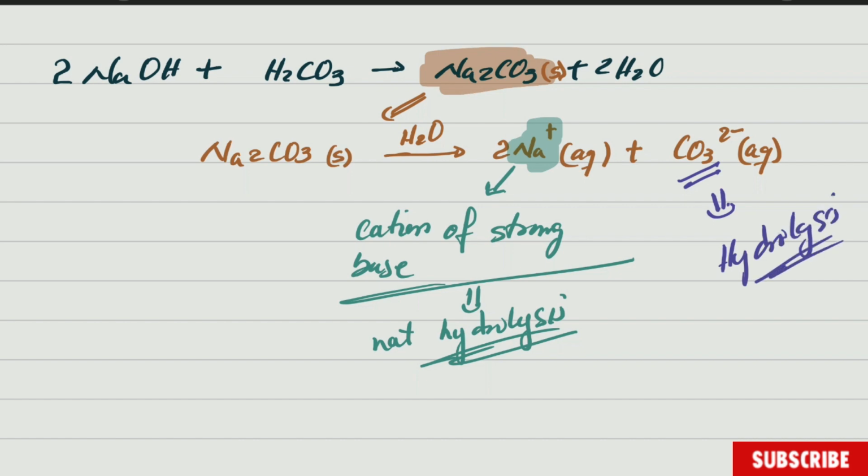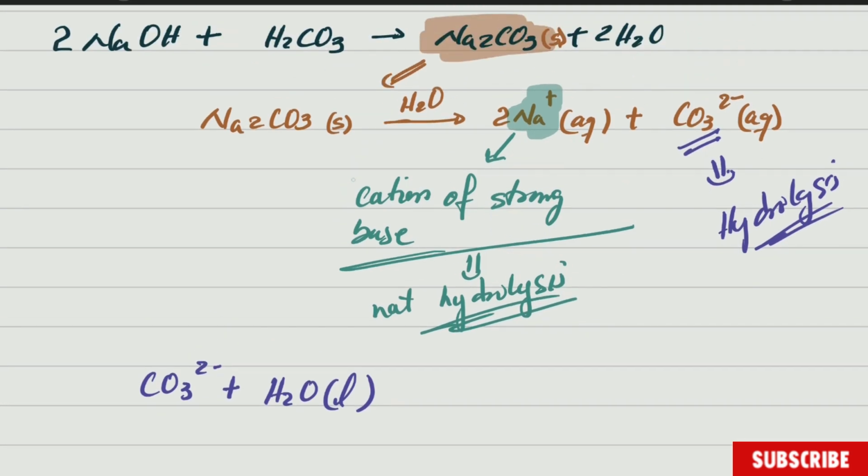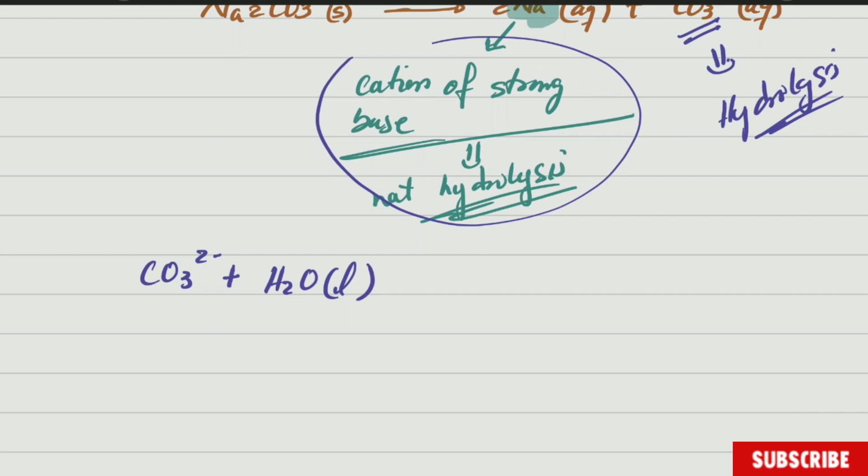Okay, so now the CO3 2 minus, this one here, reacts with water because it does go through hydrolysis. Now remember, why is this one not going through hydrolysis? Because it is a cation of a strong base, and that is the first note I made right here. Now this one, let's write the states, guys. This one is aqueous. It's not a very big thing right now, the states, but let's do it.